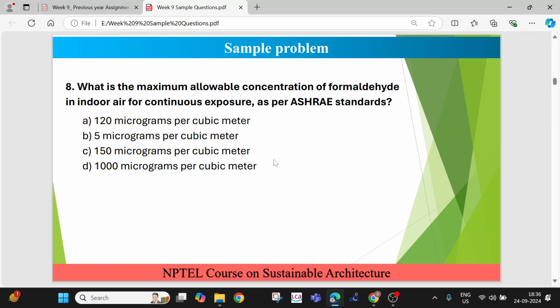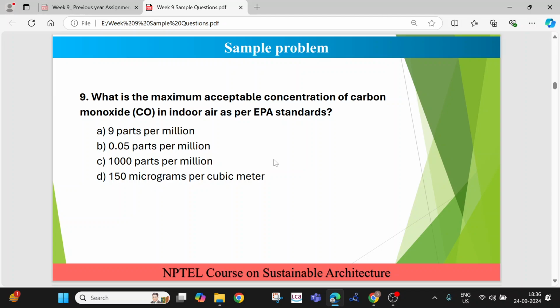Yes, sir. So let's move to the next question, the ninth question, and let's see how many of you can recall the maximum acceptable concentration of carbon monoxide. For this, we put some sensors in our homes or lecture halls, and we measure how energy efficient it is and whether it is good for the health of the occupants staying there, how well it is constructed.